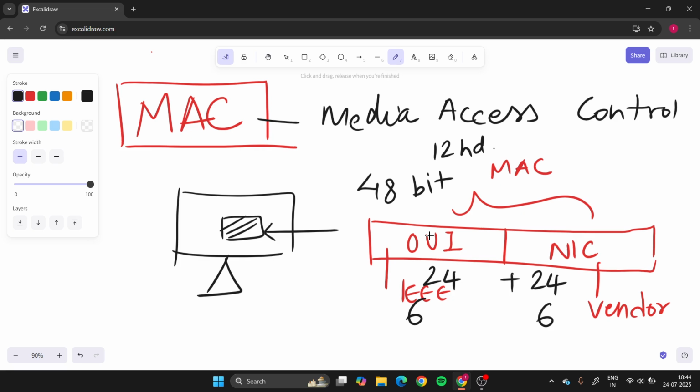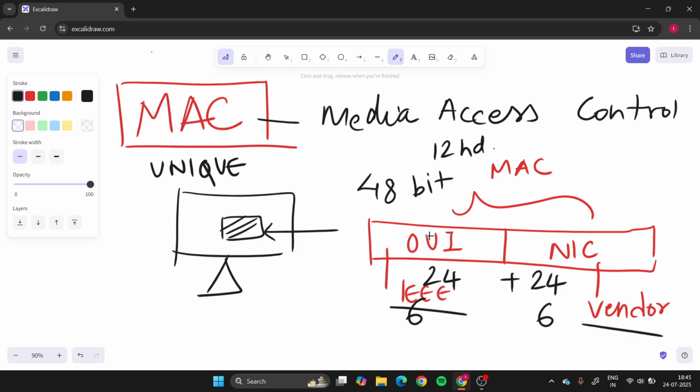And the most important part, like I mentioned before, is that all of these MAC addresses are totally unique. They are unique to each device. No two devices have the same MAC address. There are so many possible combinations. This part is given by the vendor, and this is given by IEEE.